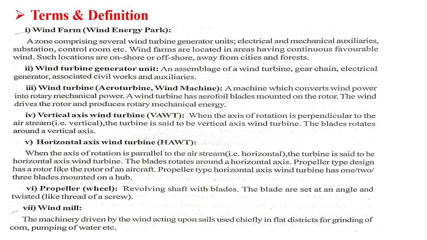The blades are set at an angle and twisted like the thread of a screw. Windmill: the machinery driven by the wind acting upon sails, used chiefly in flat districts for grinding of corn, pumping of water, etc.